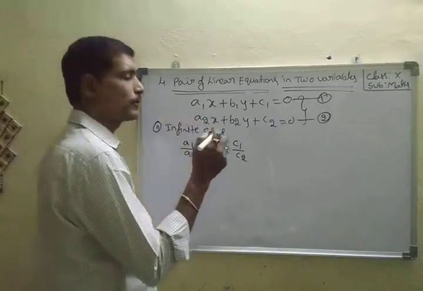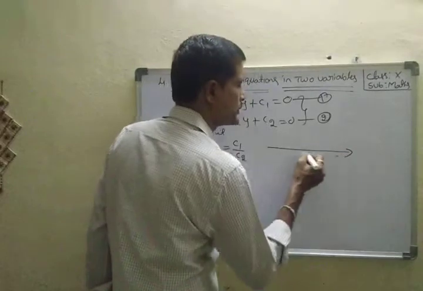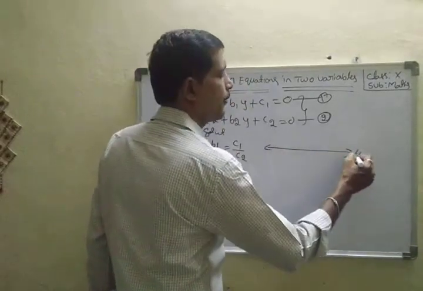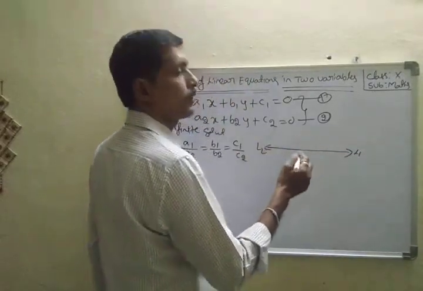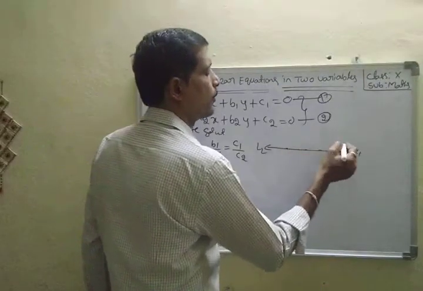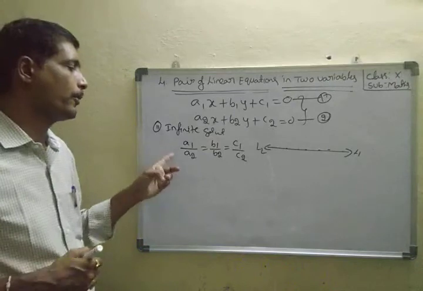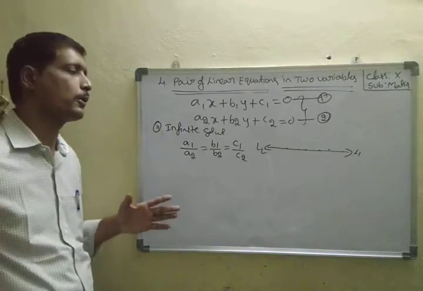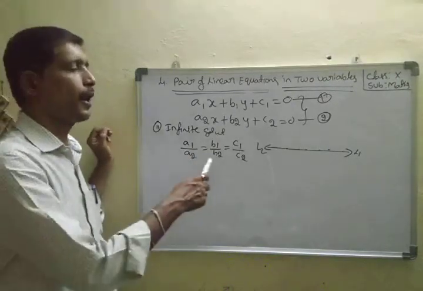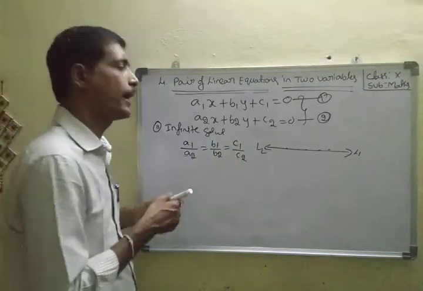Therefore the graph of these lines is coincident lines. Here L1 and L2 coincide. Therefore the points are the same. So for infinite solutions, a1 by a2 equal to b1 by b2 equal to c1 by c2. The graph is coincident lines.